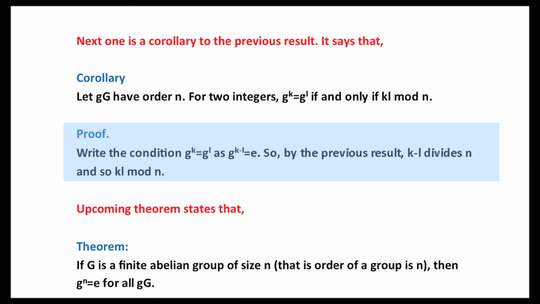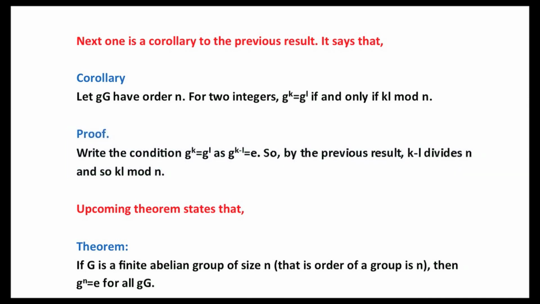Proof: write the condition g to the power k equivalent to g to the power l as g to the power k minus l equivalent to E. So, by the previous result, n divides k minus l, and so k is congruent to l mod n.